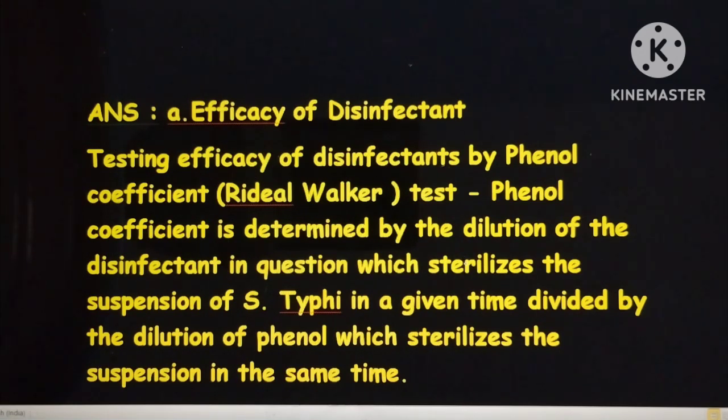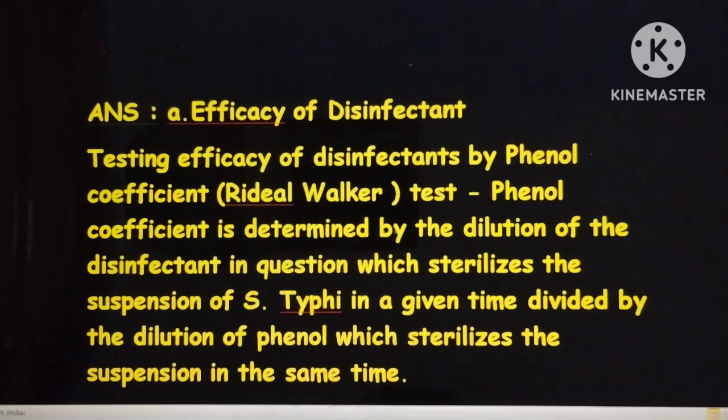Suppose A and B: B is phenol, and you have tested Salmonella typhi in the phenol and taken particular values. If A is the disinfectant you want to check, you inoculate Salmonella typhi into the A solution and take the time taken by the test disinfectant to sterilize the suspension.